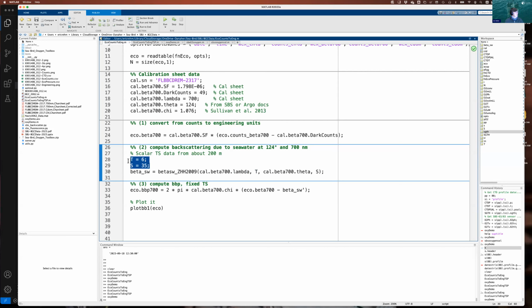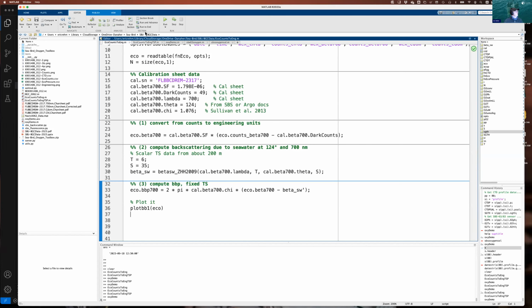In this case, I'm just going to fix those. You probably don't remember, but that's about the value at about 200 meters: 6 degrees centigrade was the temperature, and the salinity was 35 units. And there we are. There's our 2 times pi times the chi factor times the total scattering minus the saltwater scattering, which just leaves us with the backscattering.